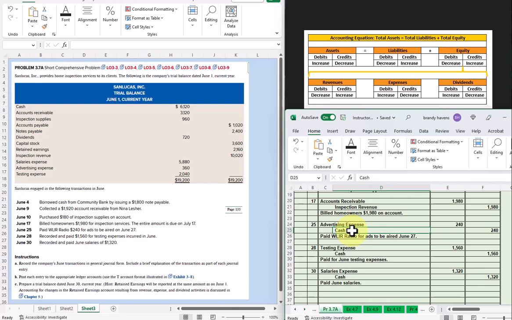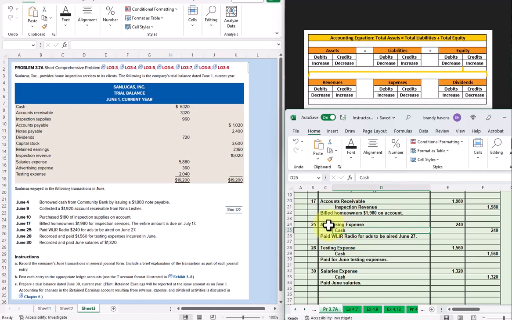If we pay the expense in cash, which is what we did here, the credit goes to cash. If we are going to pay the cash later, meaning that we have an accounts payable, then the credit would go to accounts payable, which is a liability, okay? And if a liability increases, that's a credit as well.